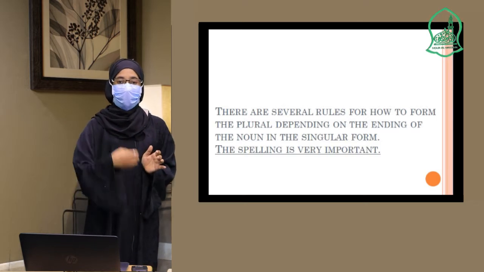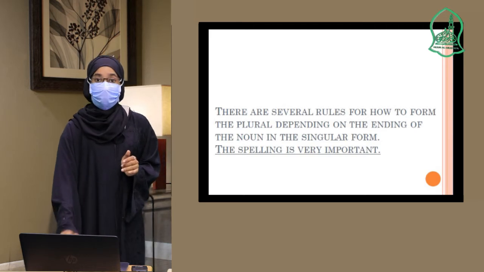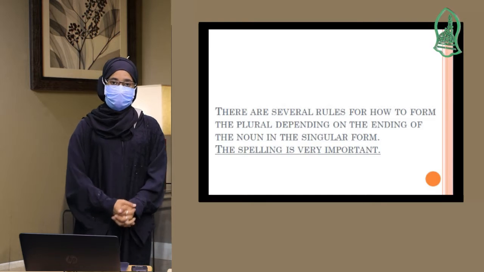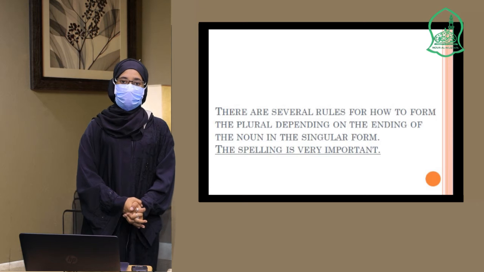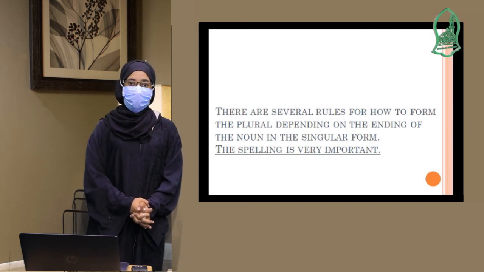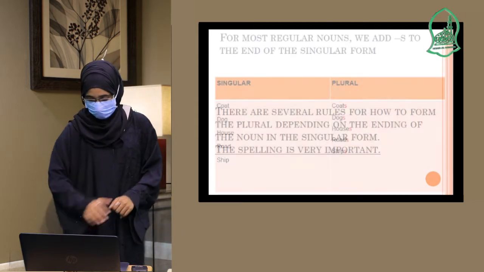How do we form the plural of a noun? So get ready, and in these nouns we have to understand the spellings are very important. When we are talking about the ending of a noun, we are checking what spelling that the word ended with. Are we together? So get ready.